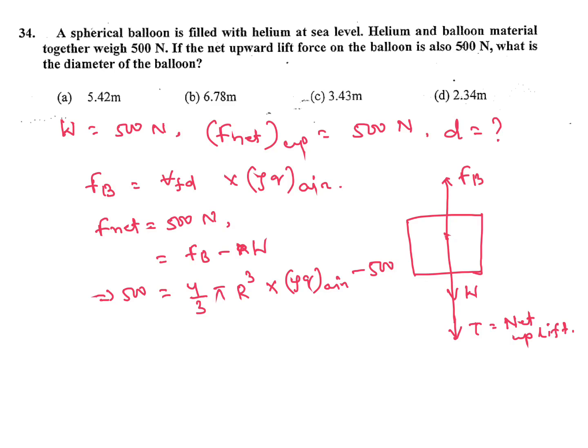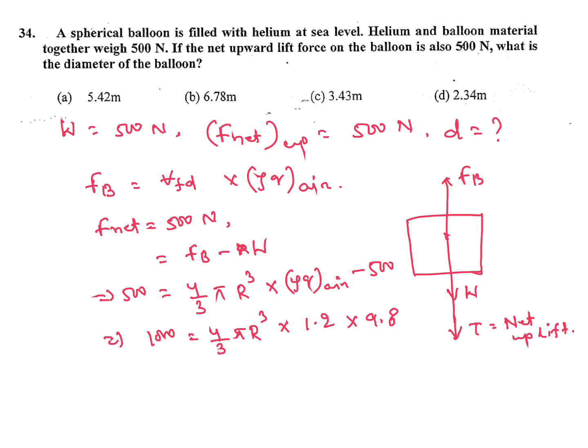So 1000 equals 4 by 3 pi R cube into air density, which you have to remember is 1.2 kg per meter cube, into g, 9.8.